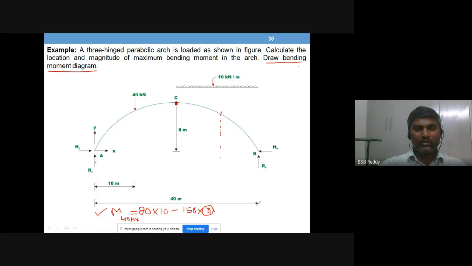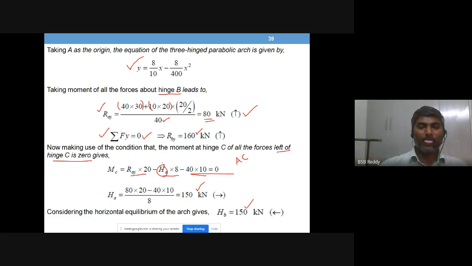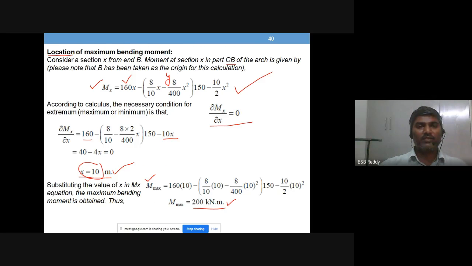If you take the Mx equation that we already wrote, Mx is proportional to x in the first term, proportional to x square here, and the third term is also x square.